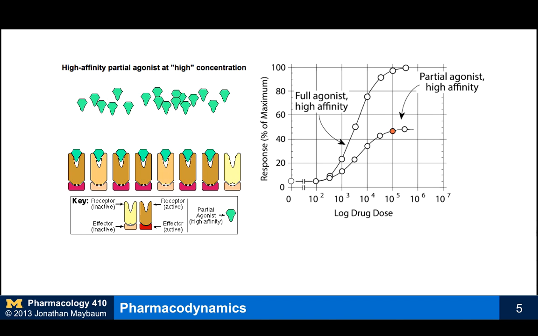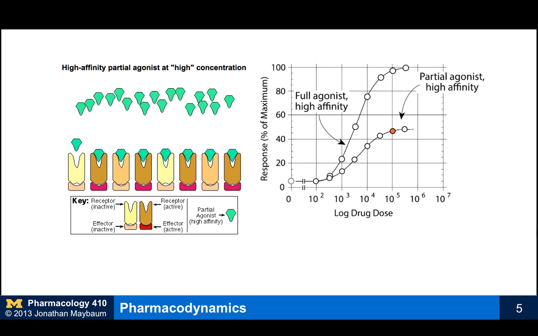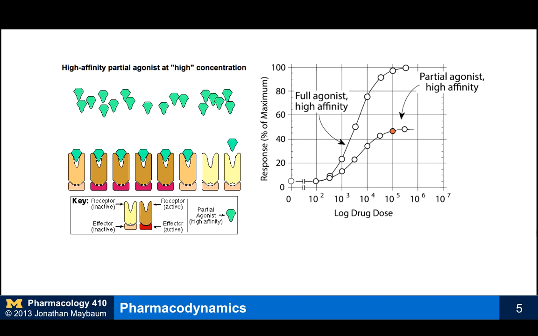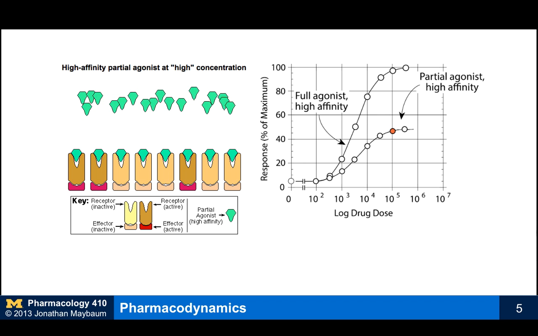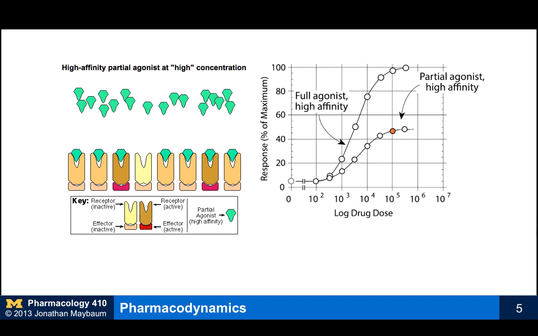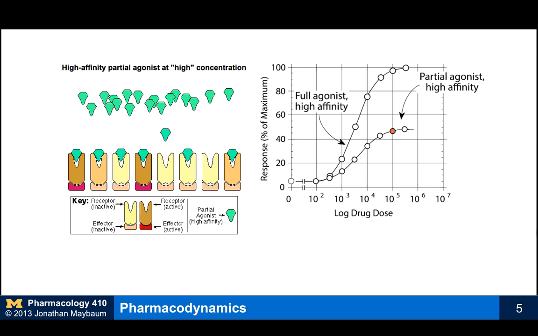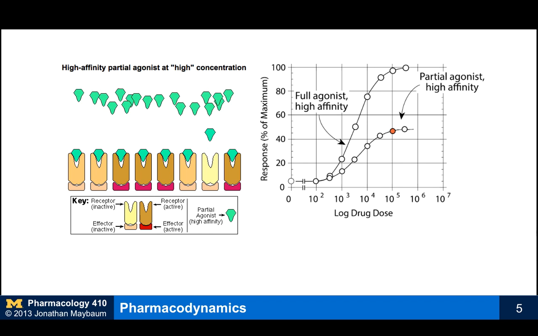This is actually a pretty interesting situation because at this high concentration, the receptor is almost fully occupied almost all the time, consistent with this ligand having a high affinity. But you can easily see that there are lots of times when the ligand binds without causing the receptor to activate the effector, meaning that it has low intrinsic activity.